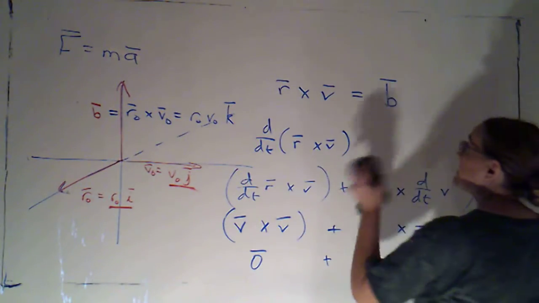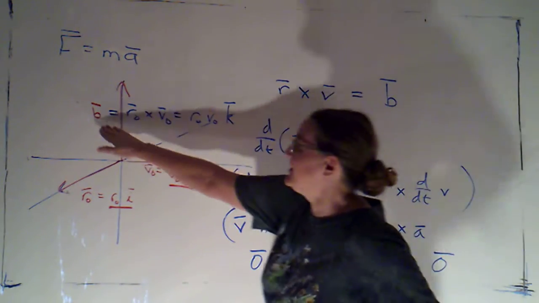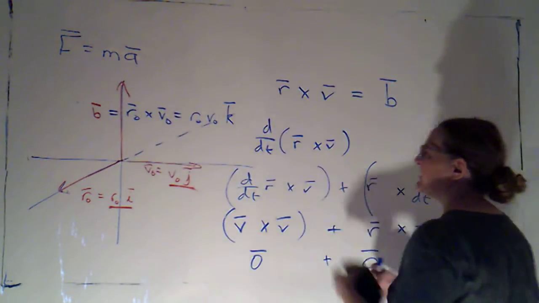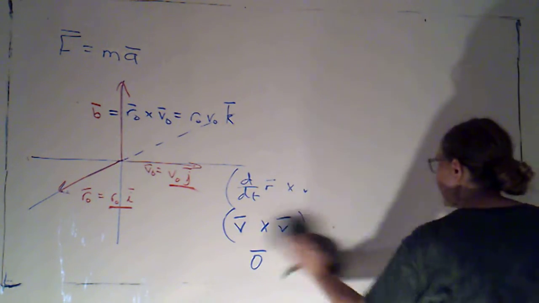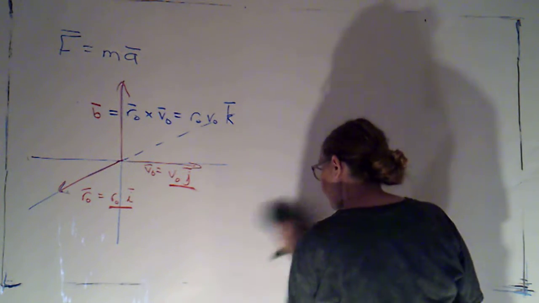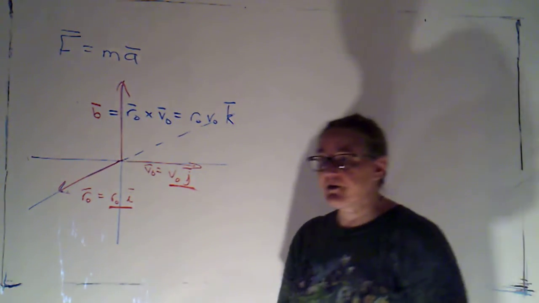Now that doesn't mean I'm going to abandon 3 space, because it turns out that this cross product and this vector b are actually going to be fairly useful. So I know that my curve lies on the xy plane in 3 space. So all of my vectors will be in 3 space.